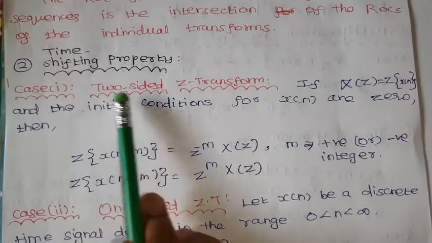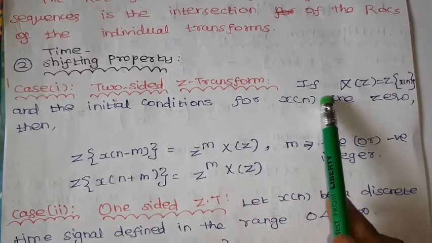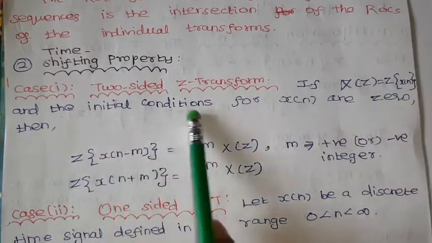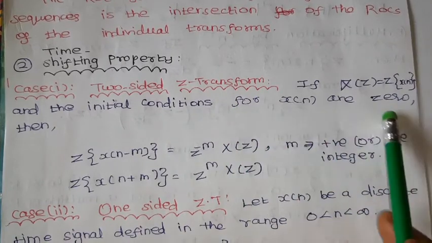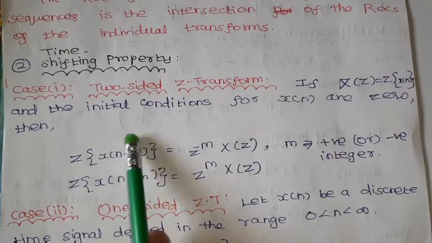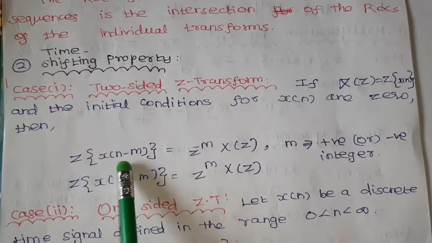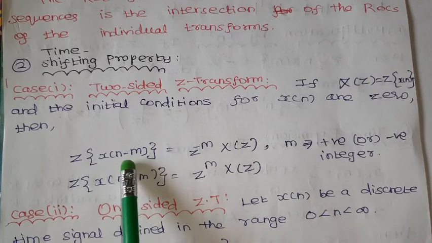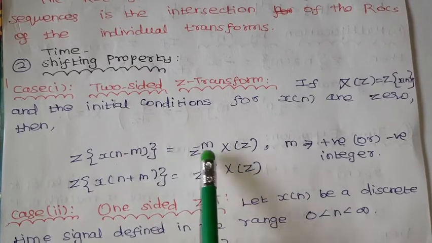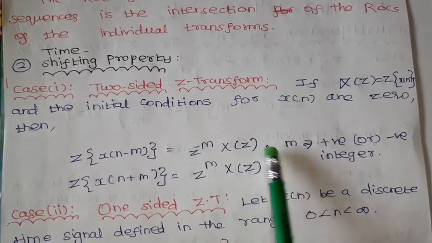For case 1, the two-sided transform, if X of z equals the Z transform of x of n and the initial conditions for x of n are 0, then the Z transform of x of n minus m is equal to Z power minus m into X of z. If x is delayed by some time, it will be Z power minus m into X of z.